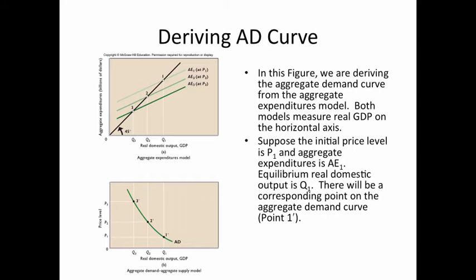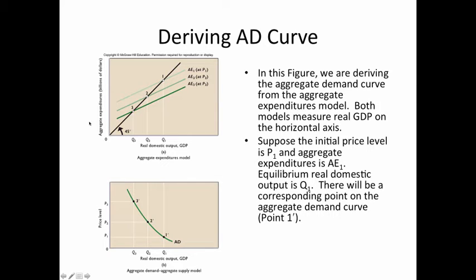And so what I do here is, as you can see, with these two diagrams, the top diagram is our aggregate expenditures model, so everything that we've learned so far. And underneath we have this new aggregate demand curve that we're going to talk about.